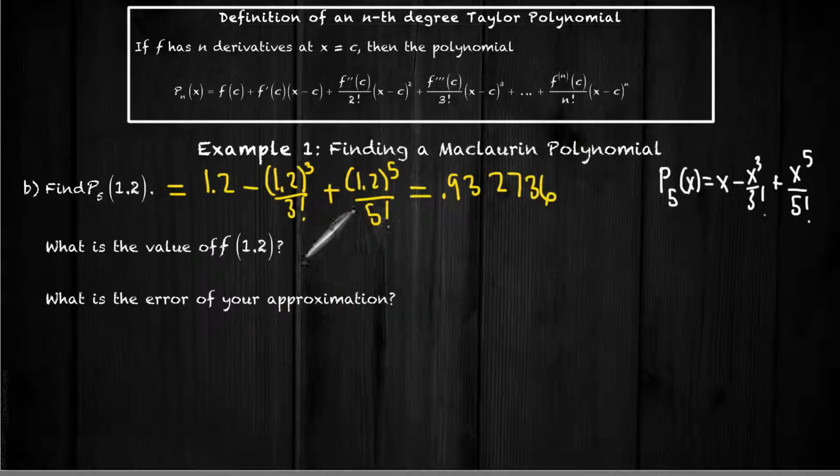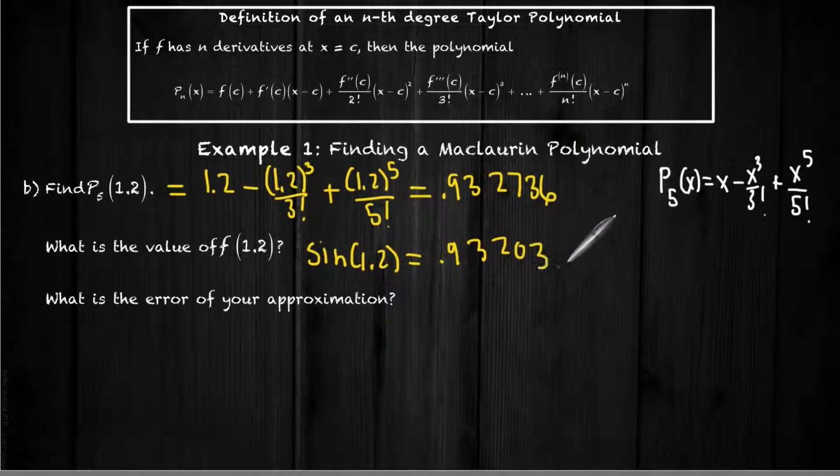0.932736. Now, if we take 1.2 and actually plug it into our function, sine of 1.2 in radians, that is, we are going to get this answer, 0.9323908597. You get the point. It's a long number.